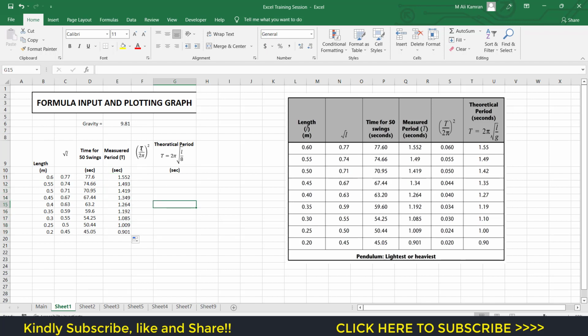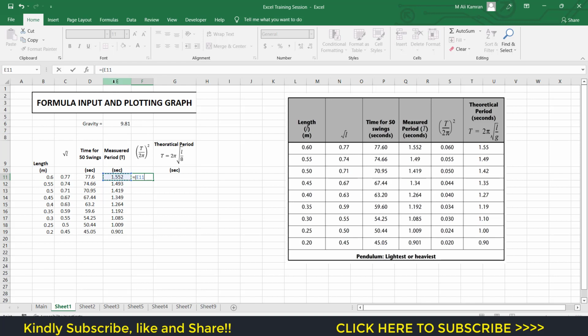Similarly, we need to have T divided by 2 pi whole squared value. So for this we need to enter the formula. So this will be equal to, again we need to put the formula. So I will put brackets, then the T value.